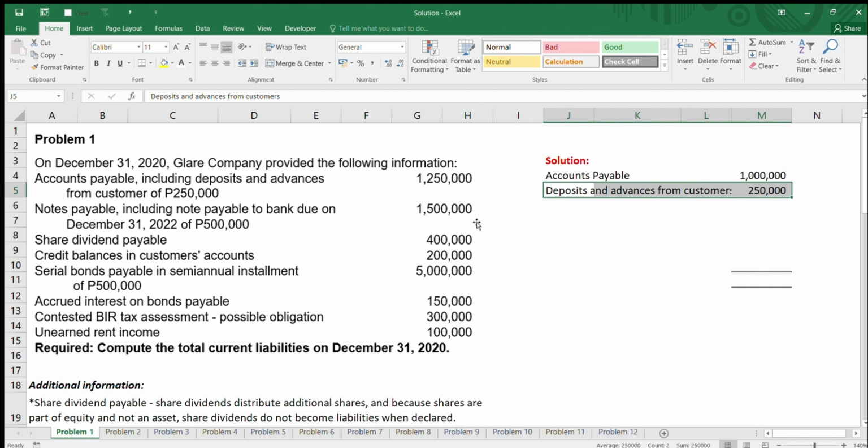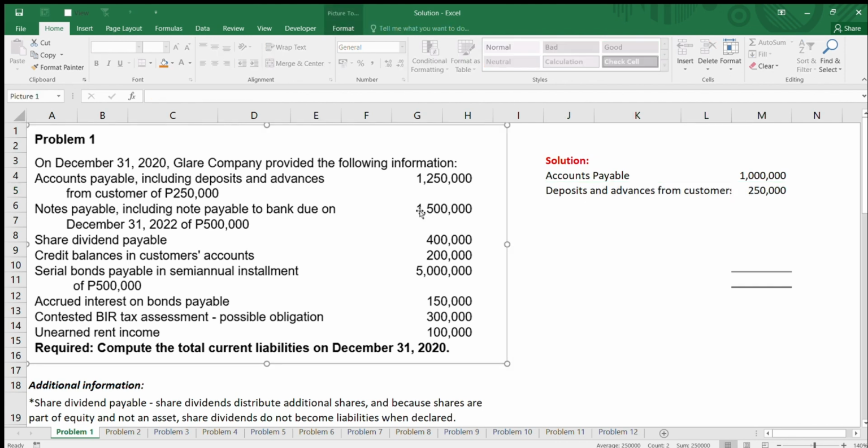But if there is a date written, that's the time we check if it reaches our 12 months rule. Here, it says that out of the 1,500,000 amount, there is a portion of 500,000 payable on December 31, 2022.